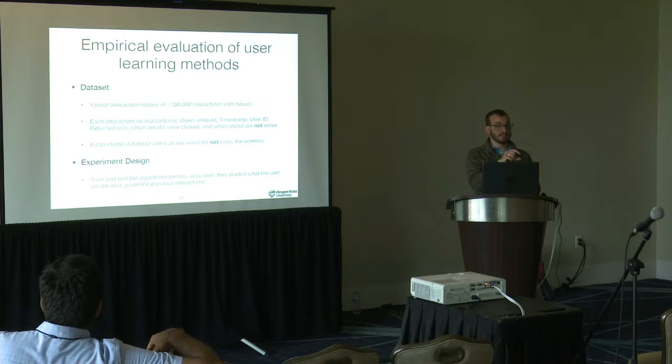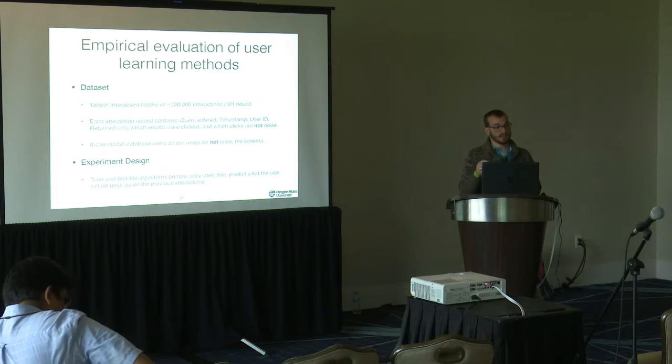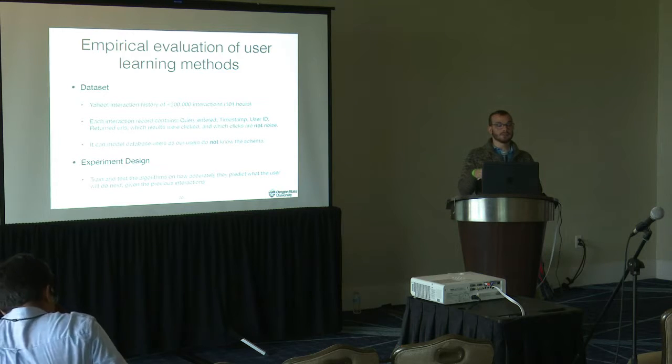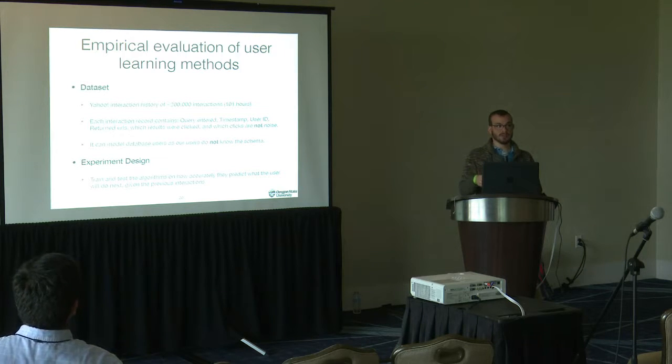We also have a way of filtering out which clicks were just noisy clicks. This effectively models database users, as our users don't actually know the schema of the database. We designed this experiment to train and test all of these learning algorithms on how accurately they predict what the user will do next.